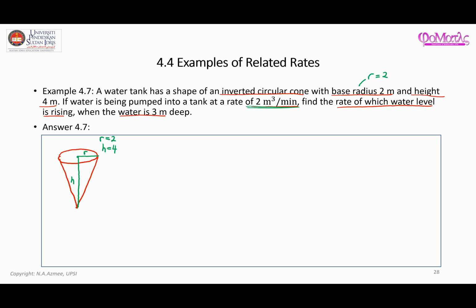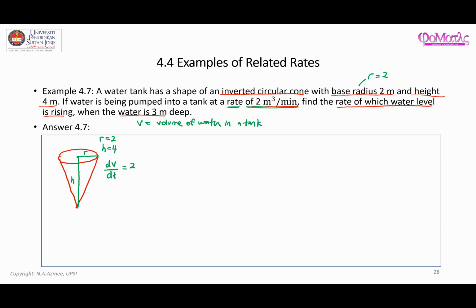Maybe we can say that V represents the volume of water in the tank. Because you're talking about rate, you're talking about the derivative. So dV/dt is equal to 2 meters cubed per minute.